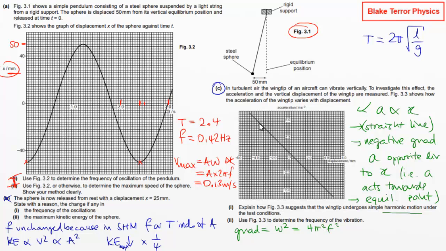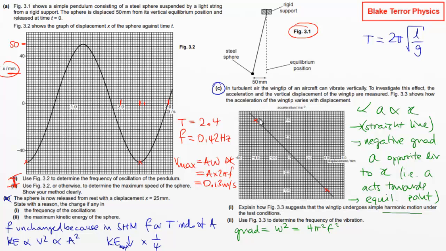The gradient is really hard to read off of here because I've had to make it so small to fit on the page, but it looks like we're going through this point here, which is at -4.5, and again this is in millimeters. You can either just take it going through the origin or come out the other side. We're going to end up getting the same thing because they've drawn a straight line on here.